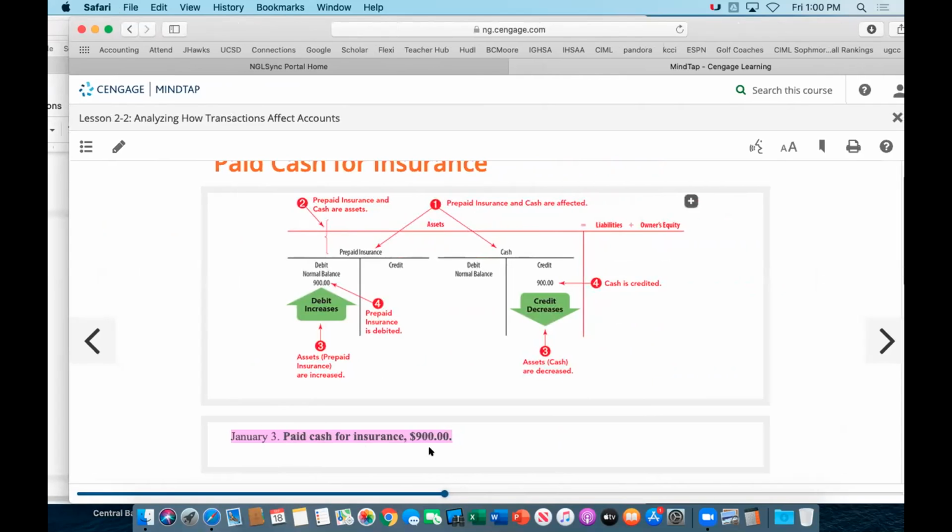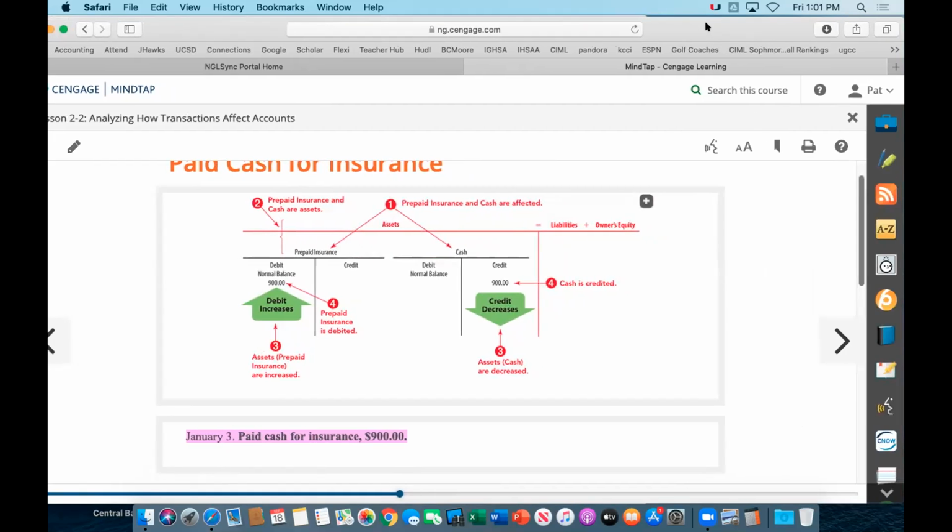So when we see the transaction paid cash for insurance, prepaid insurance goes up, cash goes down. Debit prepaid insurance, credit cash. That is transaction 3 that you got there.